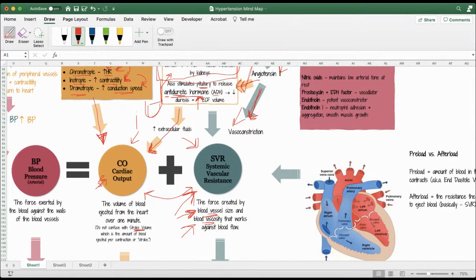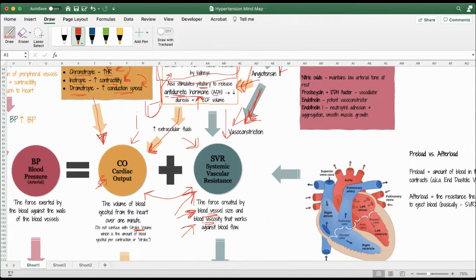But it's also going to affect your systemic vascular resistance, or the pressure that's working against the blood, because first of all you have this vasoconstriction happening, right? But you also have an increase in blood volume. So that's going to affect both of those things.